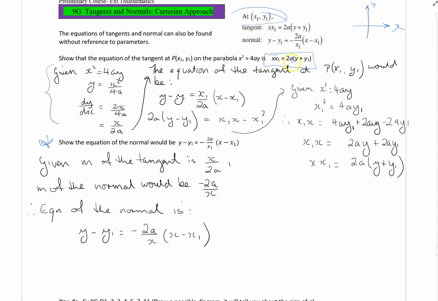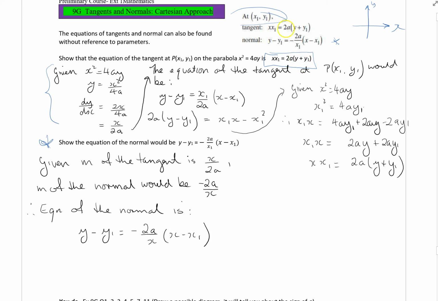However, this is actually correct. It wouldn't be on the reference sheet if it wasn't. It does come from y minus y1, from the same basis as the normal, but it's just had a tricky little step added to it that simplified it into this format.